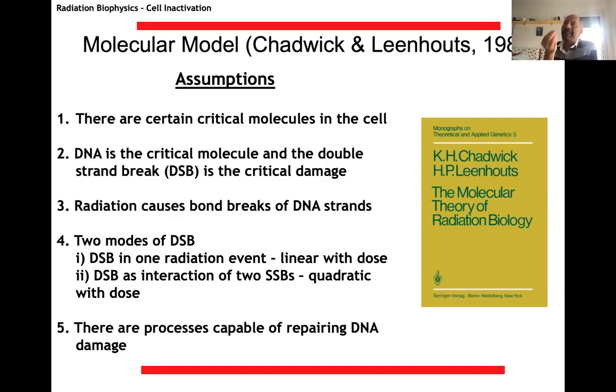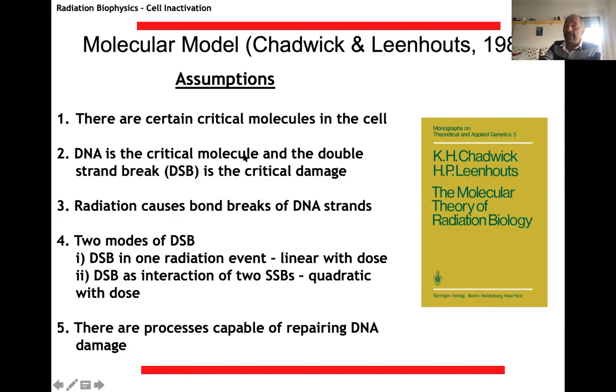This model had the ambition to go beyond the multi-target model and the linear quadratic model, and even the LPL model in Berkeley, saying, okay, we really want to give a molecular explanation of cell death. So we build the model starting from the initial steps. What is the idea?